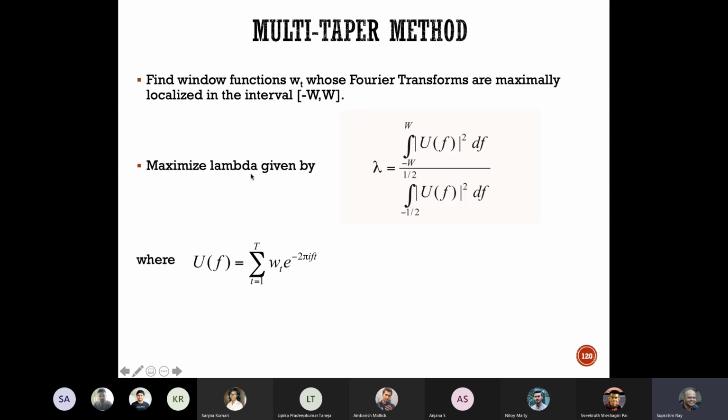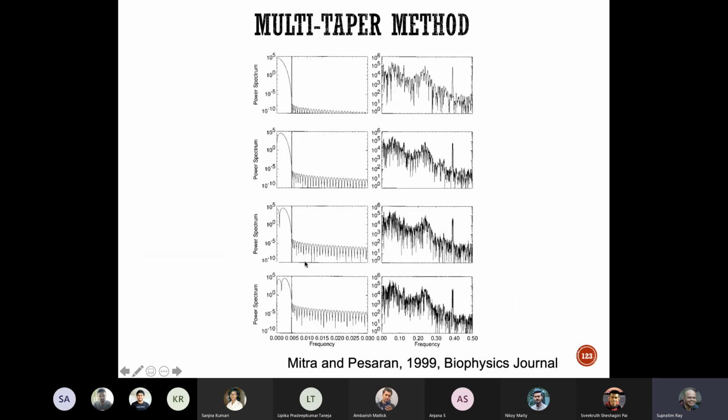And this is obtained using a Lagrangian multiplier, where you are trying to maximize lambda, which tells you the spectral energy between -W and W, divided by the total spectral energy, which is obtained by integrating between minus half and half. Okay, the half here is half of the sampling frequency, where U of F is the windowed spectrum. It's the same as this.